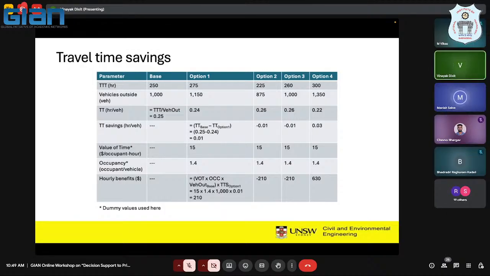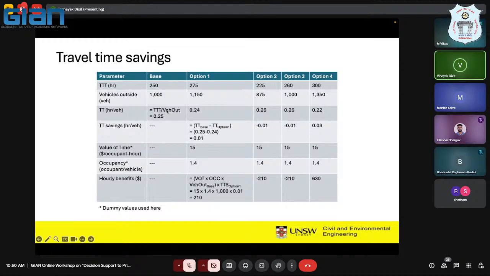Have we considered 2030, 35, 40, or only 2020-25? When we are doing the base scenario, we are looking at the base scenario in 2030, not today. Okay. So in the base year, are we considering the construction time also?